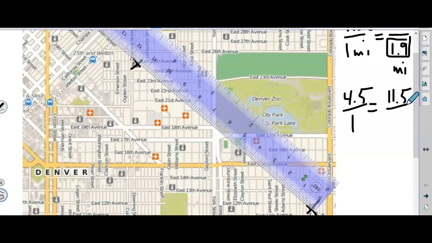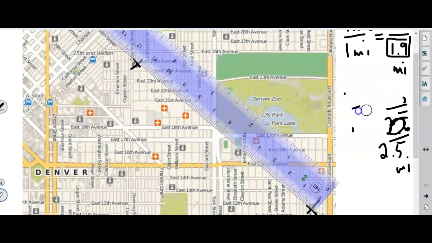We need to figure out how many miles that would be. So we're going to go 11.5 divided by 4.5, and that gives me about 2.6 miles. Not repeating, it was 2.5 repeating miles.